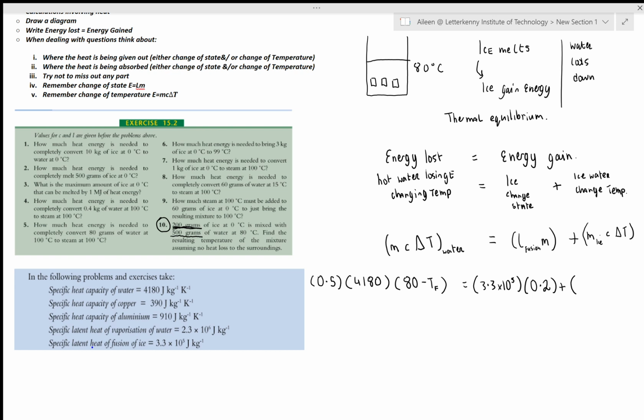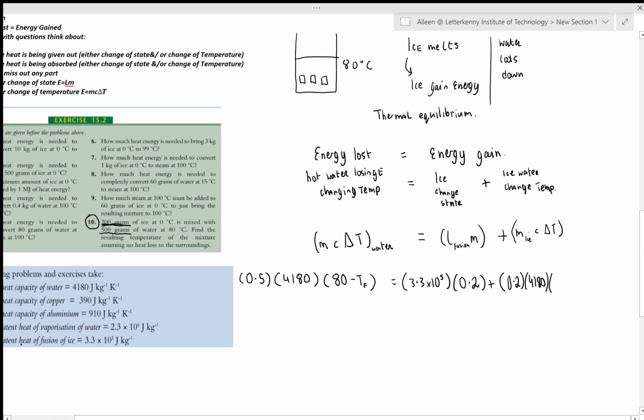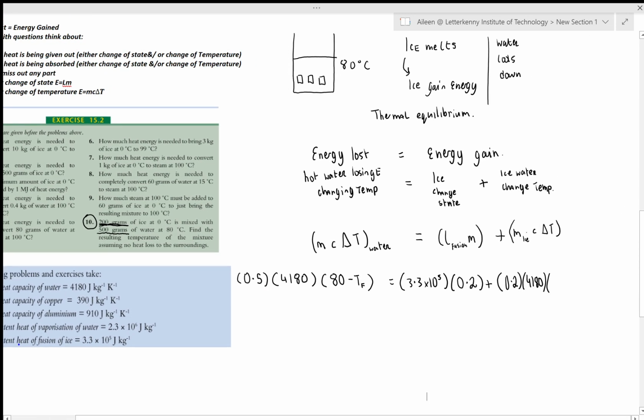So this is the mass of our ice, 0.2, times the specific heat capacity of our water times our change in temperature. Our ice water is going to some final temperature minus 0 degrees. Your ice water is at 0 degrees and it goes up to some final temperature, which I don't know, so I'll keep that as final temperature minus 0.